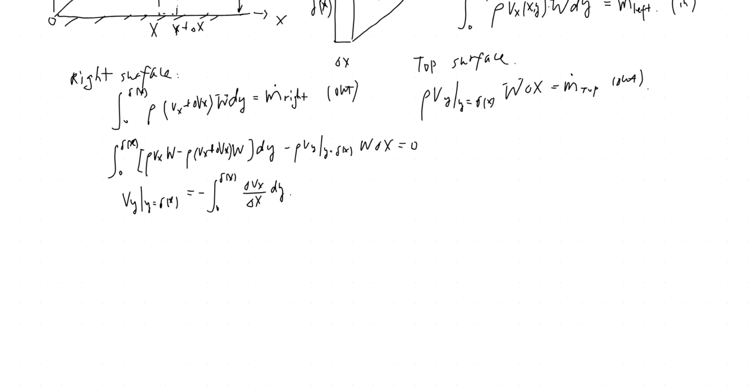As we discussed earlier, if you send delta x to 0, then delta Vx divided by delta x equals partial Vx partial x. So this equation becomes minus the integral from 0 to delta of partial Vx partial x.